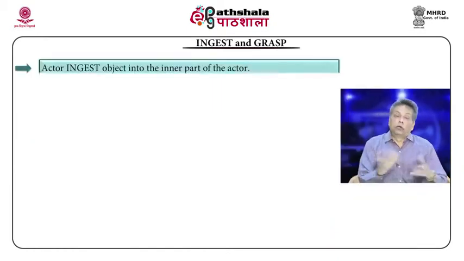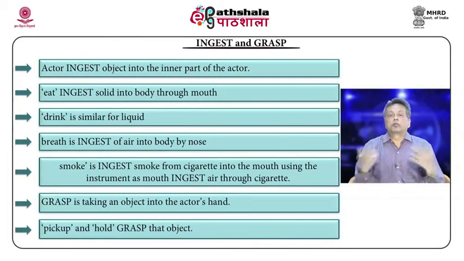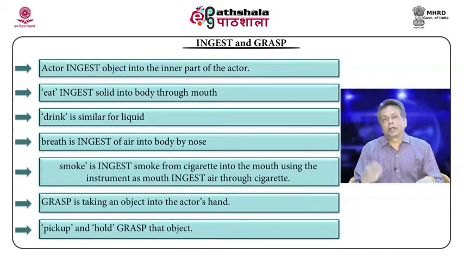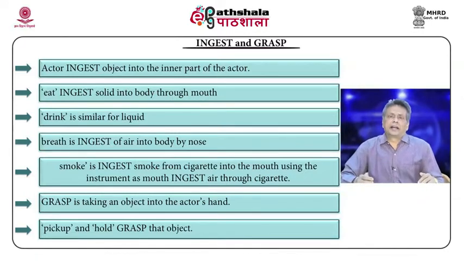One more primitive is called ingest, taking something from outside. For example, when you eat something, you are taking a solid object from outside, ingesting it, or drinking something which is liquid which you are taking in. Breathe is again taking air in.